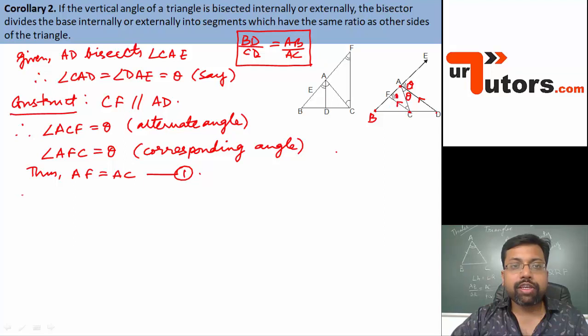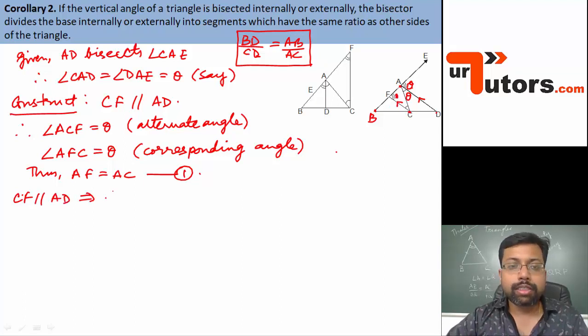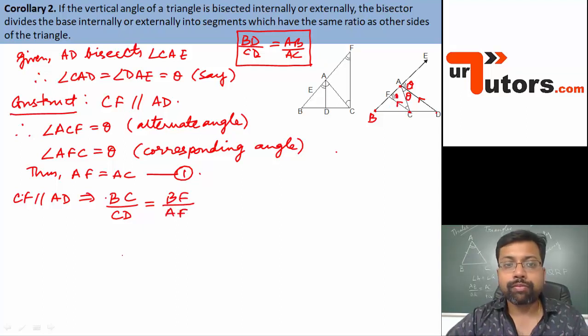Now CF is parallel to AD, therefore CF parallel to AD will imply that BC by CD is equal to BF by AF. Okay, this is what you will be getting by using Thales theorem.